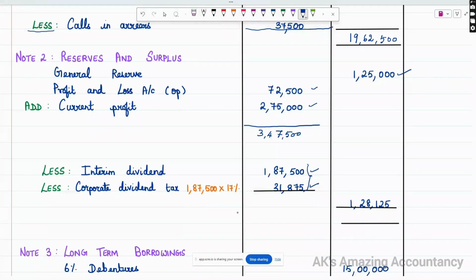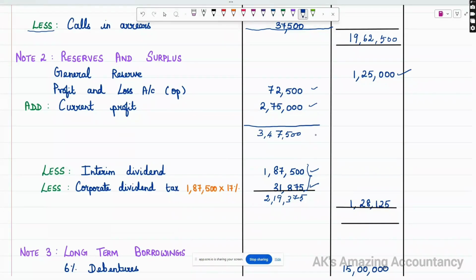If you add these two amounts together, you will be getting 2,19,375.